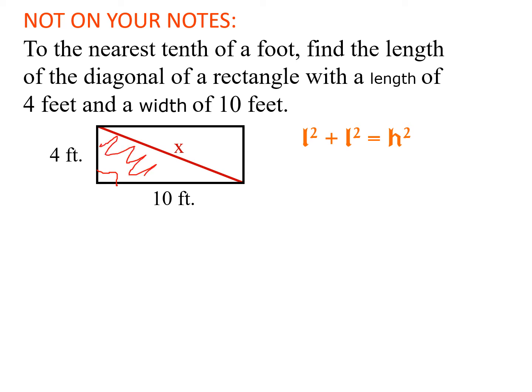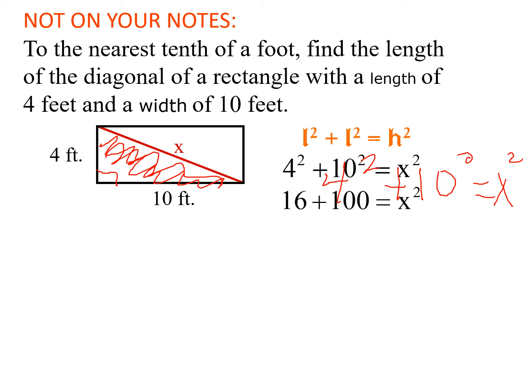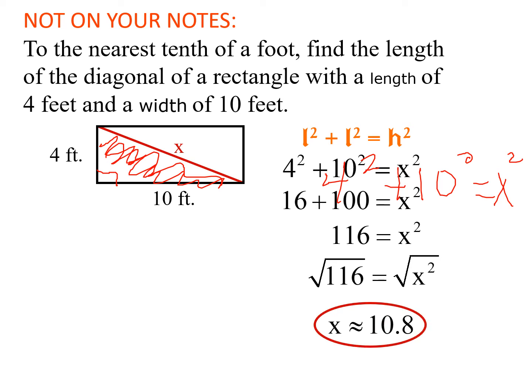So it'd be 4 squared plus 10 squared equals x squared. That makes 10.8. And the hypotenuse should be longer. Think about it. Is it longer? Yeah, it's the longest side of that triangle.